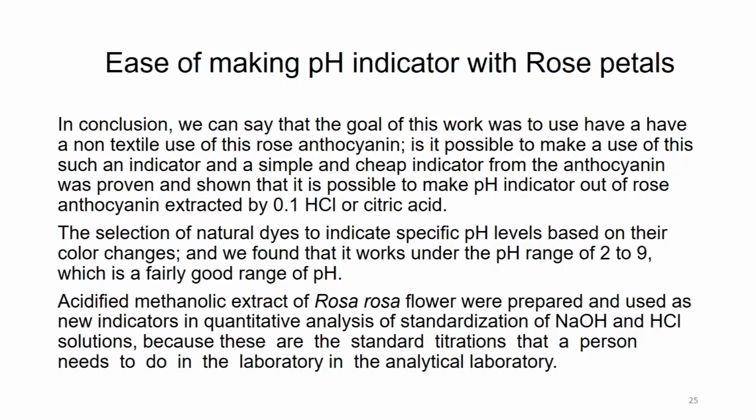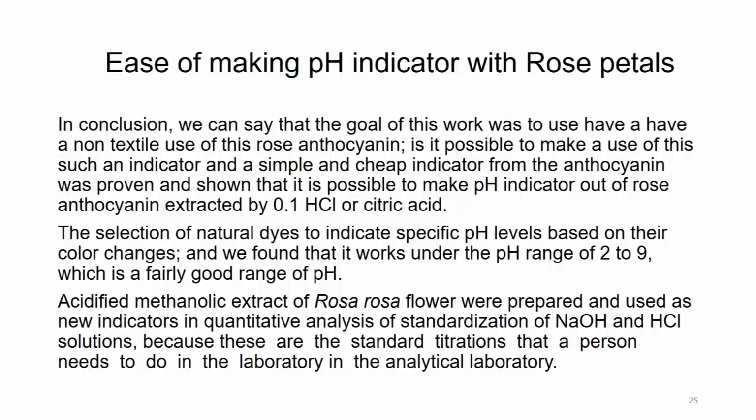The natural dye was selected to indicate specific pH levels based on its color changes, and we found that it works under the pH range of 2 to 9. So, it has a good range of pH. 2 is very acidic, whereas 9 is fairly basic, which is a fairly good range of pH.